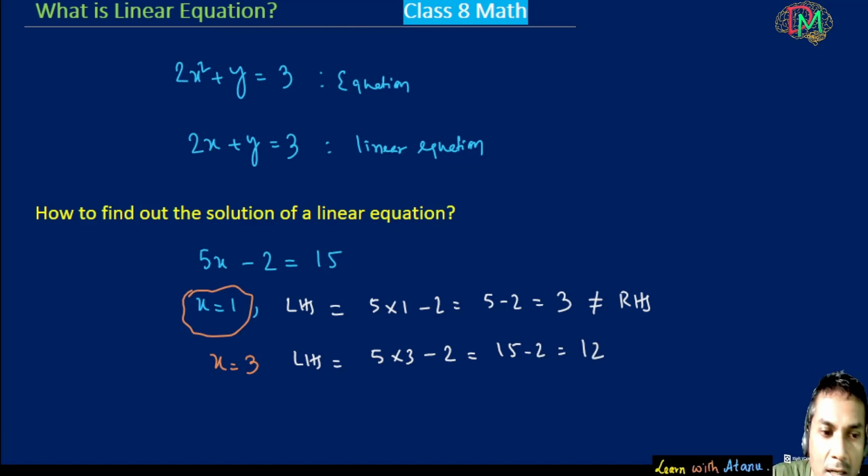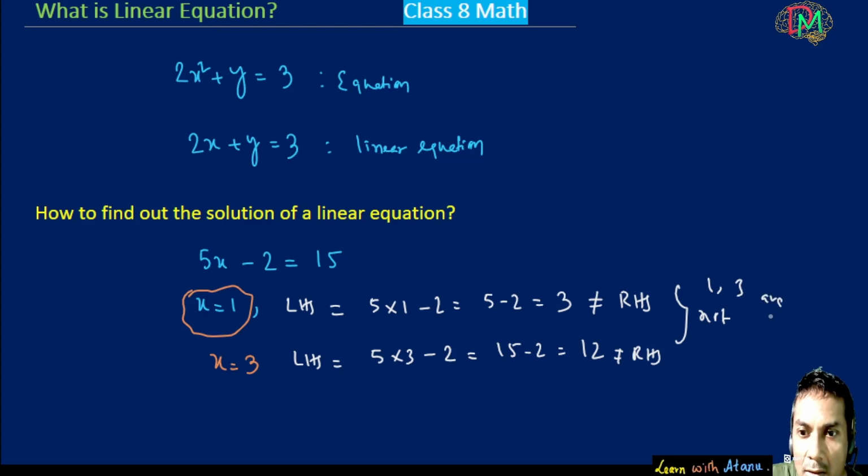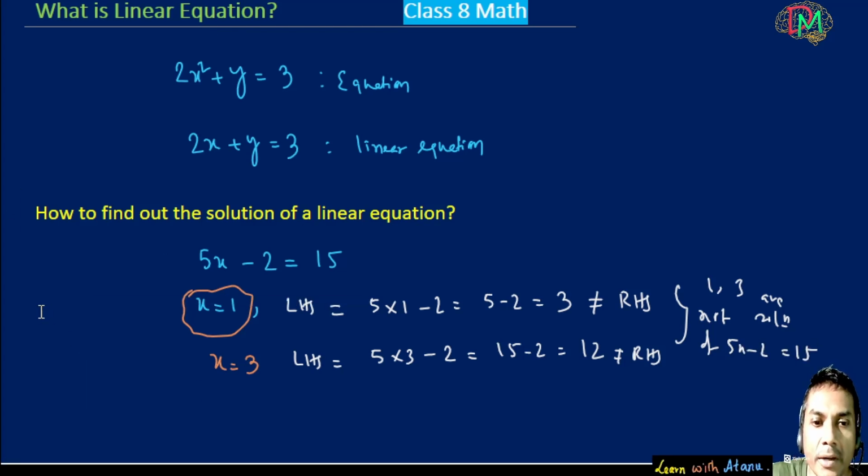It is not the solution. Now 1 and 3 are not solutions of 5x minus 2 is equal to 15. So it is quite difficult to find the solution of the linear equation by this trial and error method.